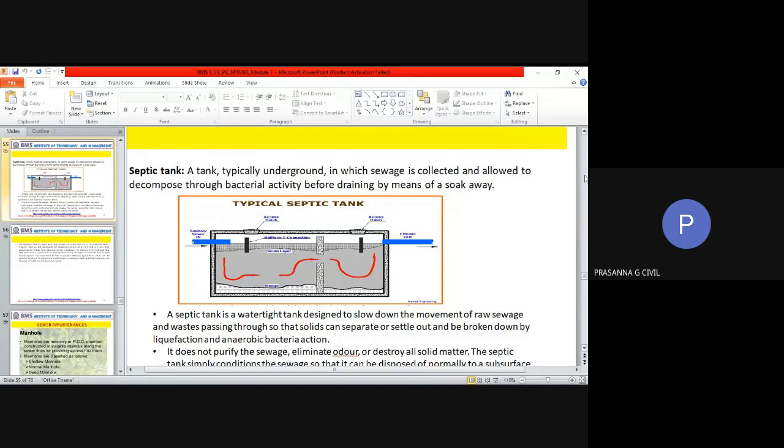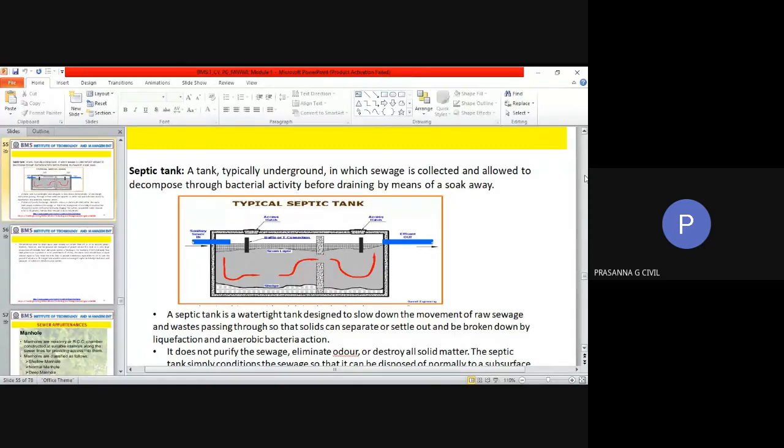So the tank should be large enough to take in three requirements. The first one is the sewage flow. The maximum sewage flow into a septic tank will be based on how much wastewater is getting discharged.